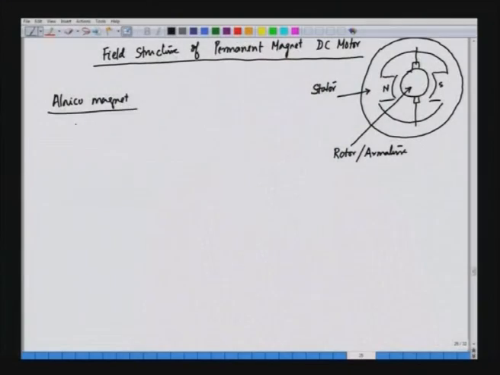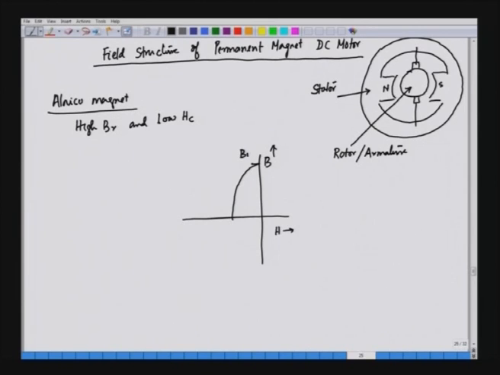So, let us write down, in this case we have high Br and low Hc, high residual flux and very low coercive force. So, we have a structure like this. This is the Br here and this is Hc.